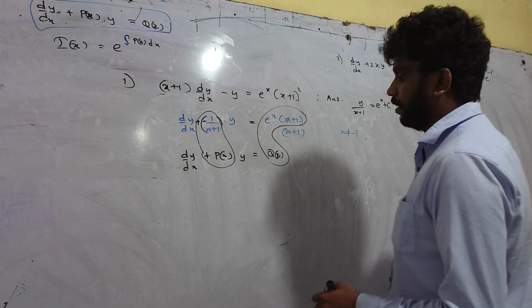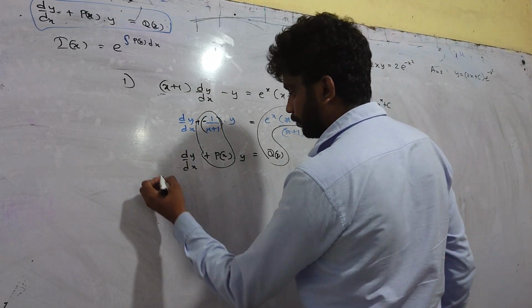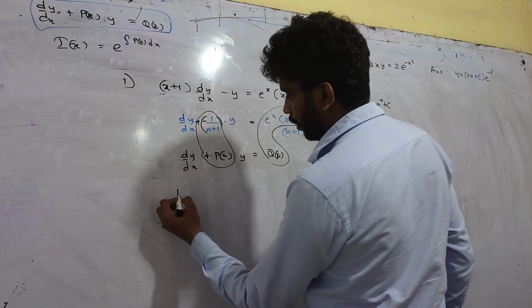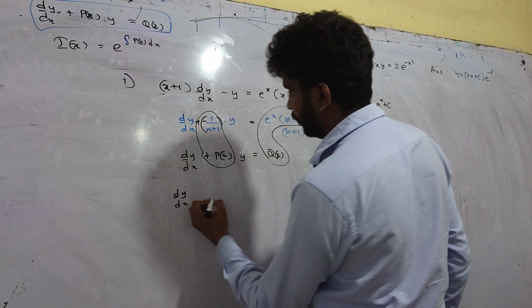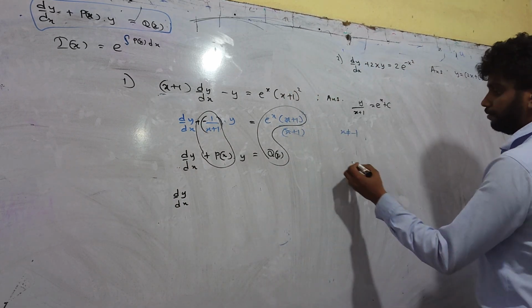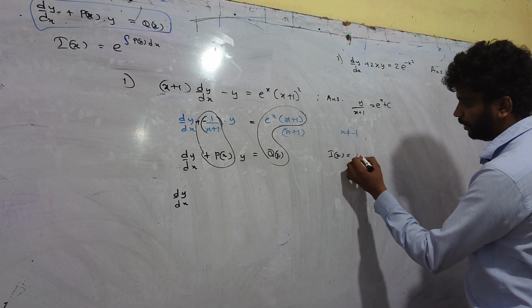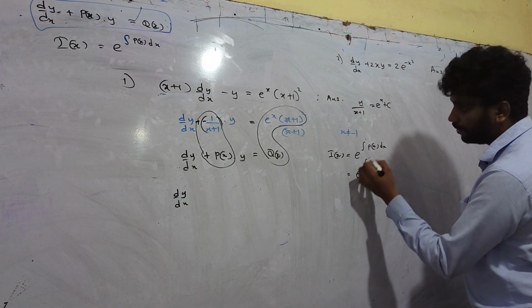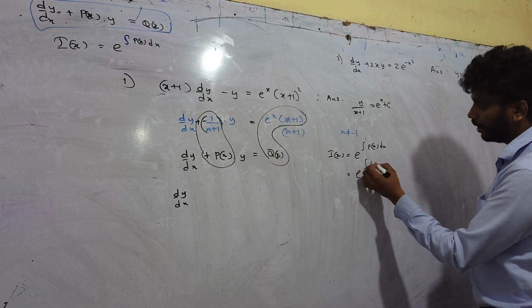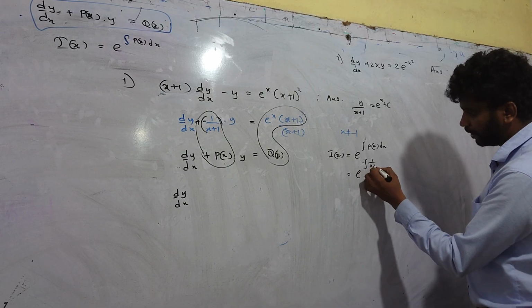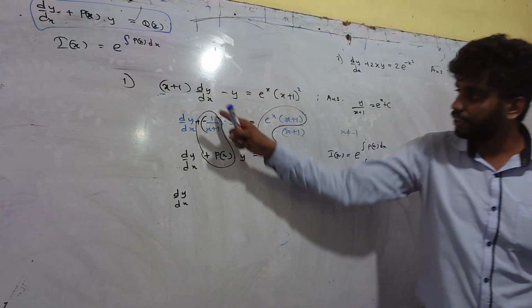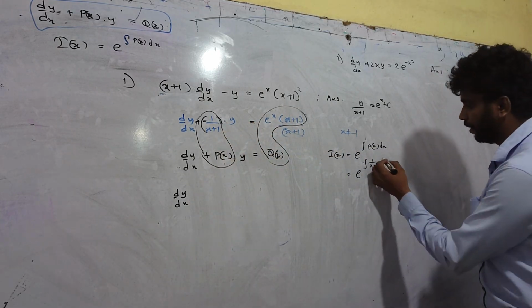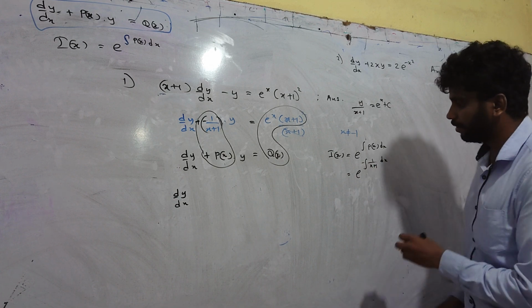Right. Now you can multiply both sides by the integration factor. At this position, you can find the integration factor, which is I of x equals e to the power integral p of x dx. Here p of x is minus 1 over x plus 1, so they have standard equations.